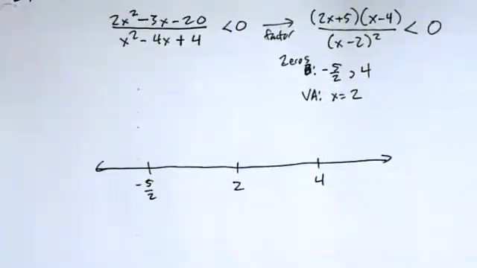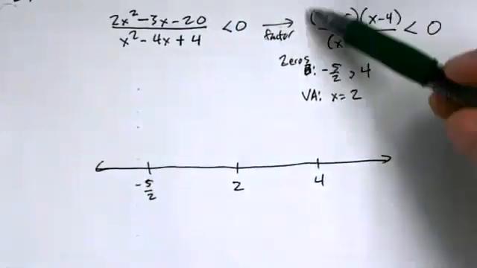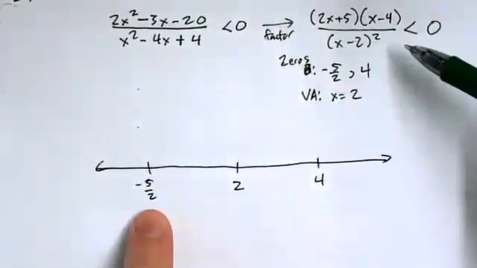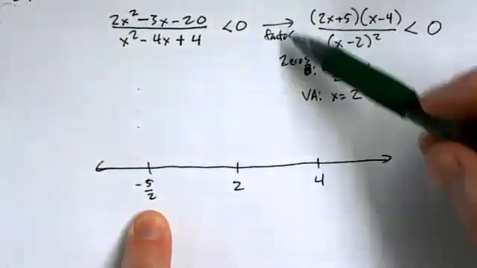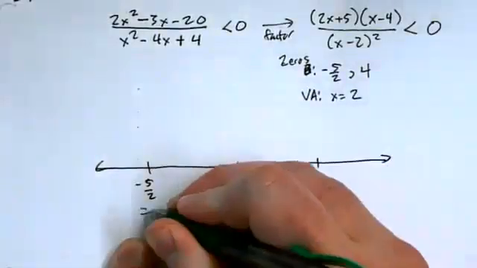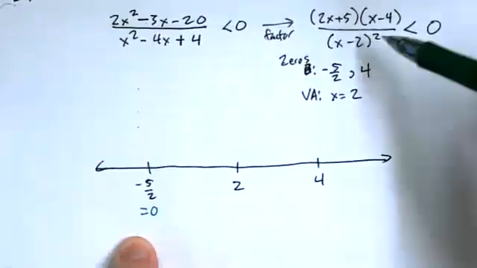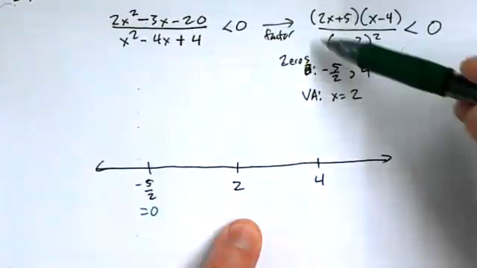And I know from experience I need to mark these now, because otherwise I will forget. What is the value of this side of the inequality at -5/2? It is equal to 0 at -5/2. What is the value of this side of the inequality at an x value of 2?